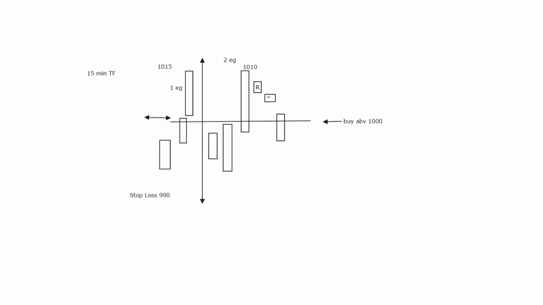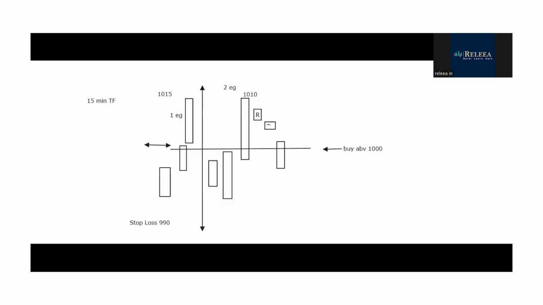For example, the market is sliding in a downtrend, and the next candle went to 1010. You need to buy above this 1010 if you want to buy. Even though I told you to buy at 1000, you can decide to buy above 1010. But depending on your risk appetite, if you feel the risk is much on the higher side, then don't take the trade. You will get other calls, so you can wait for those.